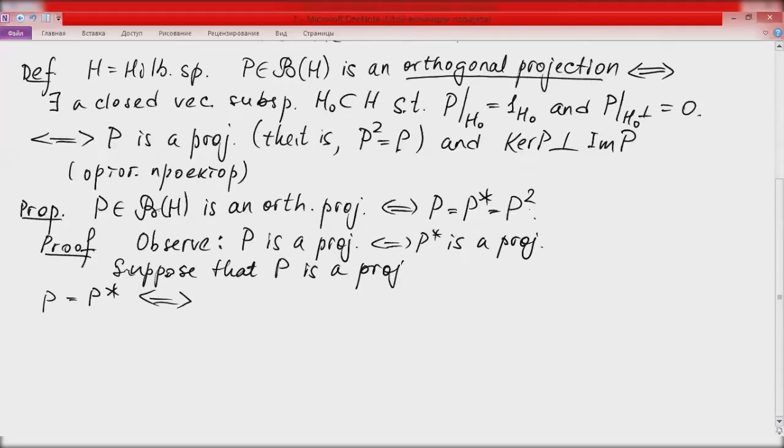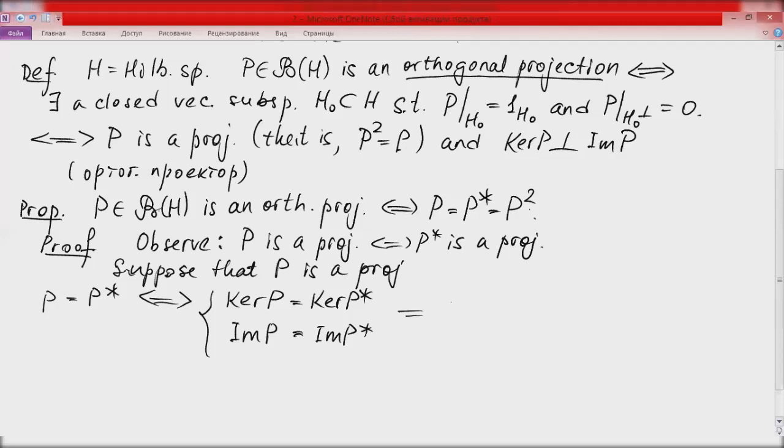And two projections are the same if and only if their kernels are the same and their images are the same. This is a simple observation which holds for any pair of projections.